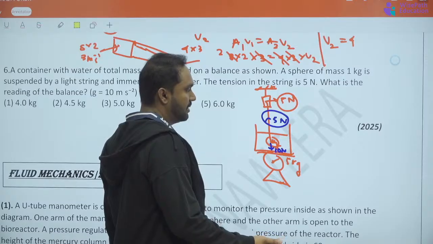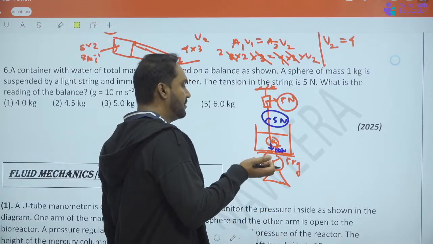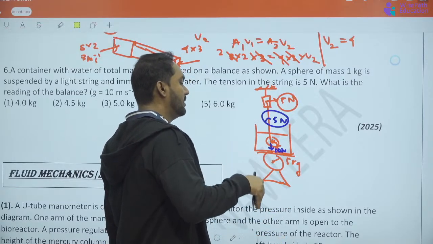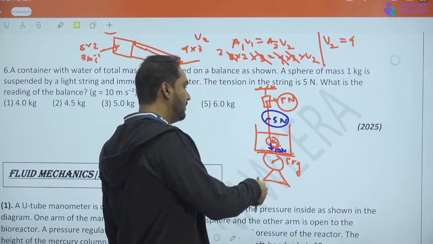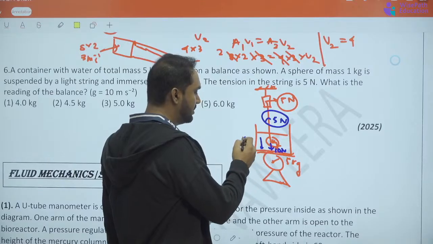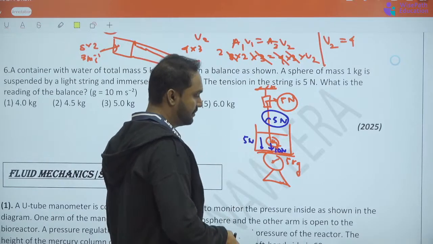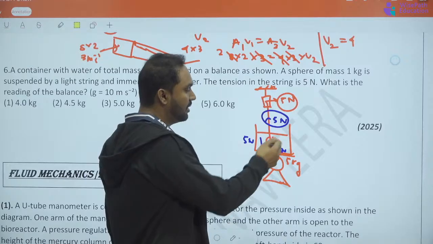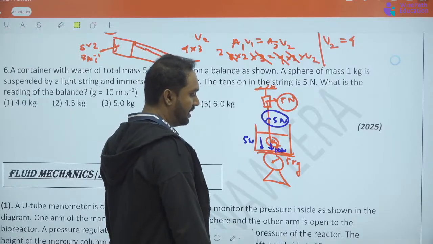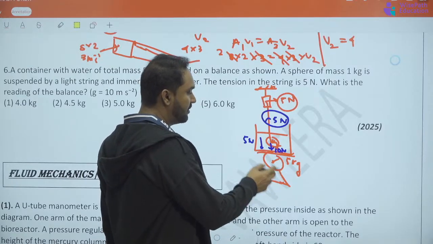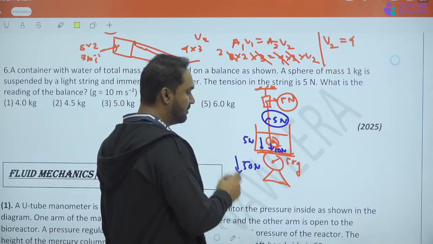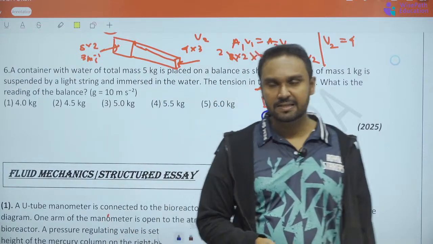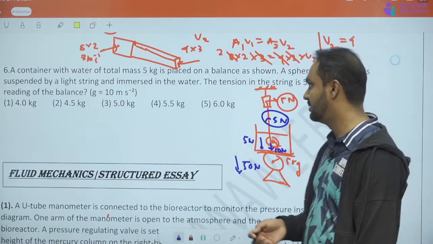The tension of the string is pulling up 5 newtons while the weight of the mass is pushing down 10 newtons. So 5 newtons of force is acting downwards out of this 10. Only 5 newtons is acting down out of this 10 newtons. And there's the 5 kilogram weight of the container with water, that is 50 newtons downward. So 5 newtons downward and 50 newtons downward together is 55 newtons.